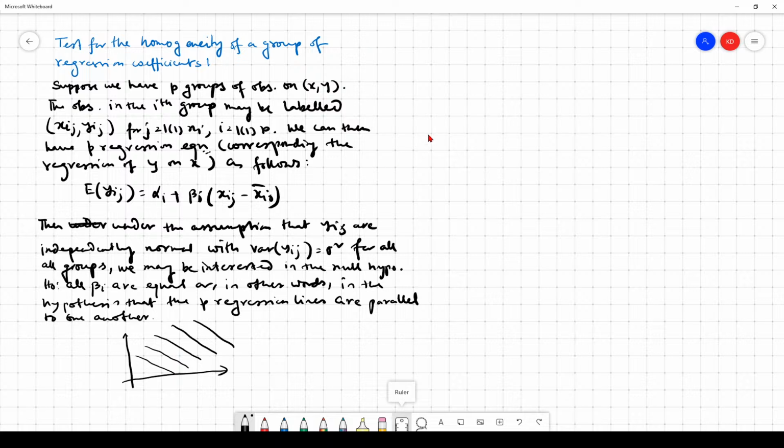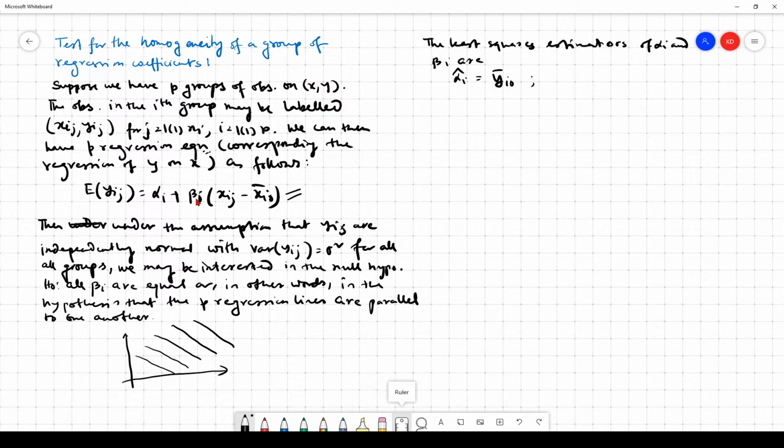So the least square estimators of alpha i and beta i are: alpha i hat is equal to y i naught bar, because if you write this model that way, this means alpha i and beta i are orthogonally estimated.